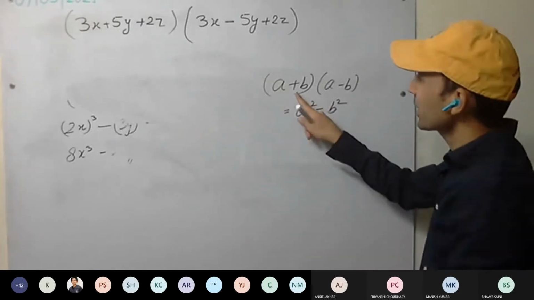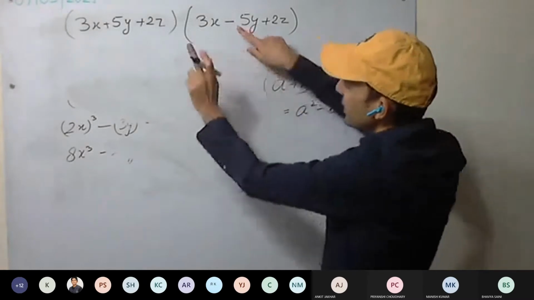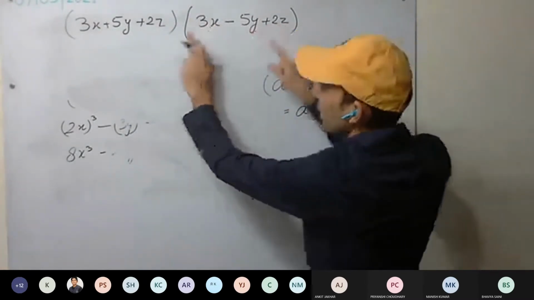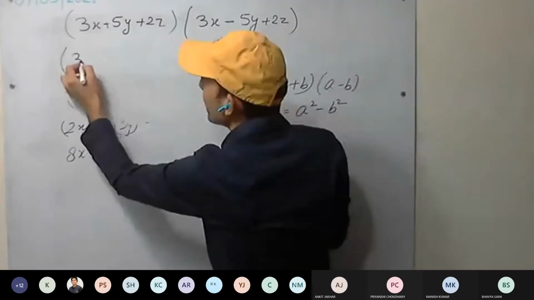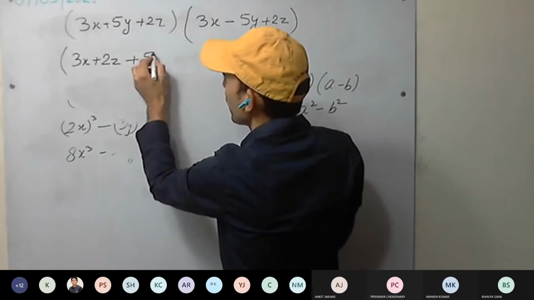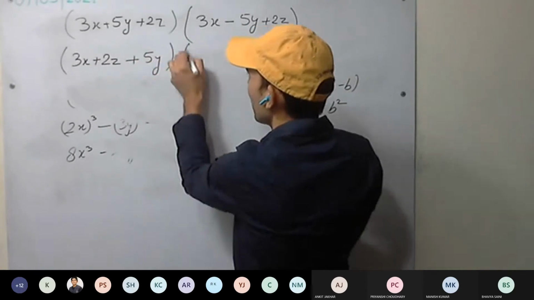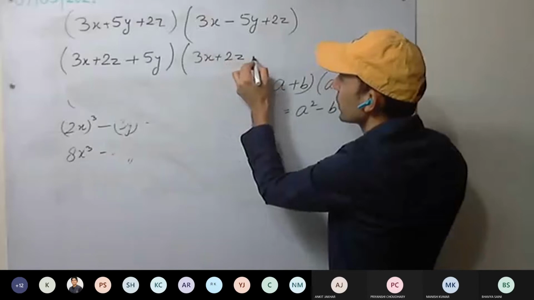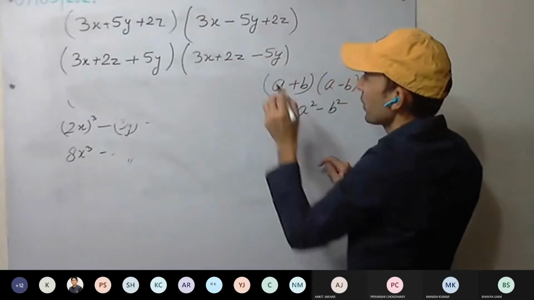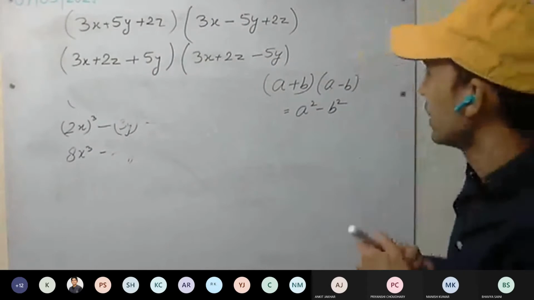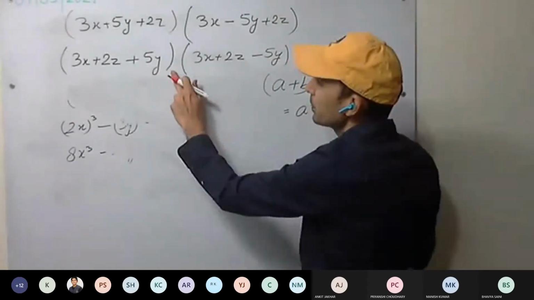Here, I can rearrange it. You can see 3x plus 2z, 3x plus 2z. I can rearrange that: 3x plus 2z plus 5y. Here as well, 3x plus 2z minus 5y. I have rearranged them.